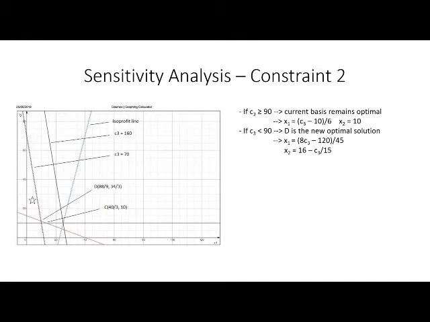Currently, c3 is equal to 160, and constraint 2 is binding. As long as the intersection of constraints 2 and 3, which is B, remains feasible, the optimal solution will still occur at that point. In order to make B infeasible, we need to move it to the left of point C, the intersection of constraint 1 and 3.